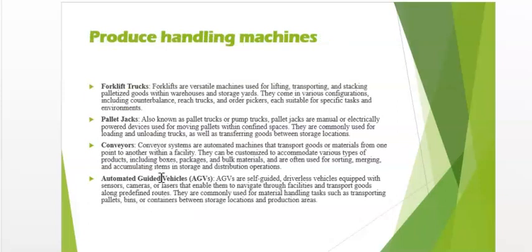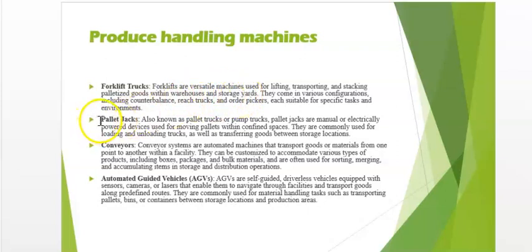Let's look at the produce handling machines. So these are the machines which help in movement of produce from one place to another. So one, we have the forklift trucks. So we say forklifts are versatile machines used for lifting, transporting, and stacking palletized goods within warehouse and storage yards.